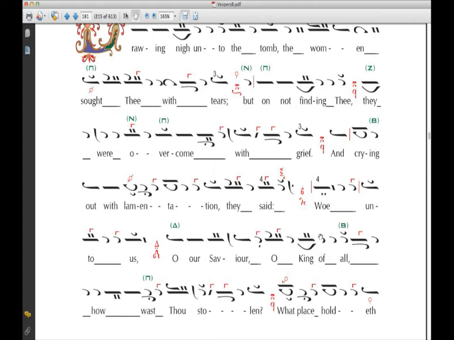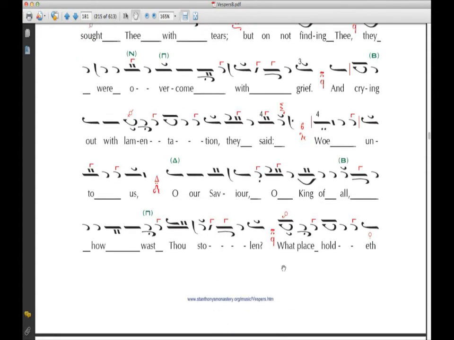In English you could also write 'slow.' So it changes from 'woe unto us' to 'oh our Savior, O King of all,' back and forth, but we don't have to have vocal motion here. We'll just stick with the rhythm.